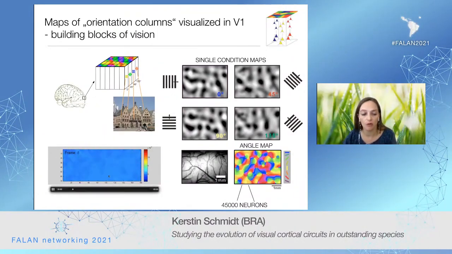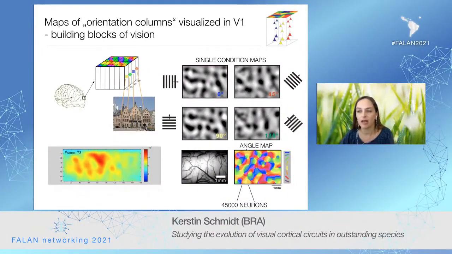If we now join all these orientation columns together by vector summation, and if we have studied them in discrete steps, we end up with these colorful maps, which you all have seen already in neuroscience books, with these points which look like pinwheels, and around these pinwheel centers, the orientation preference of the neurons changes gradually.